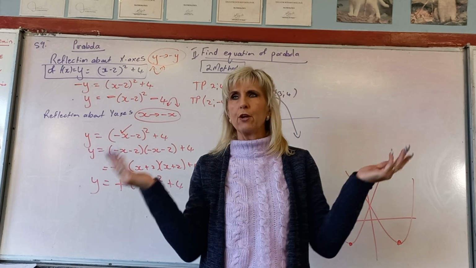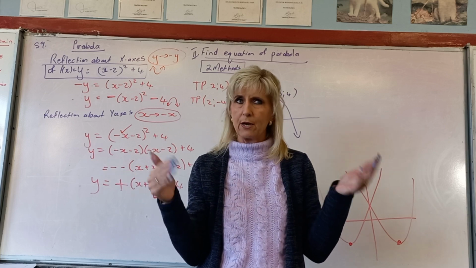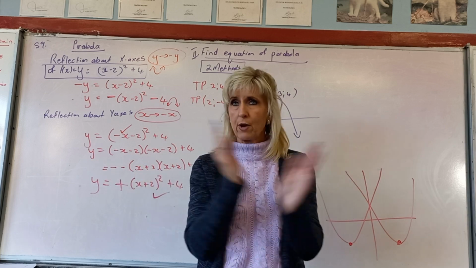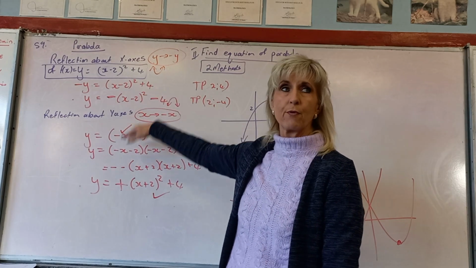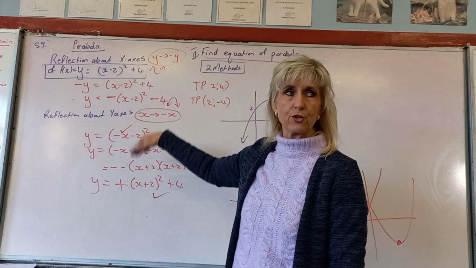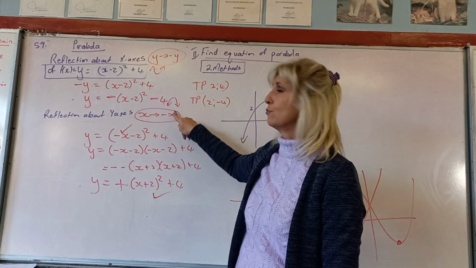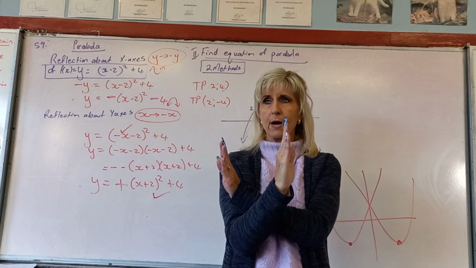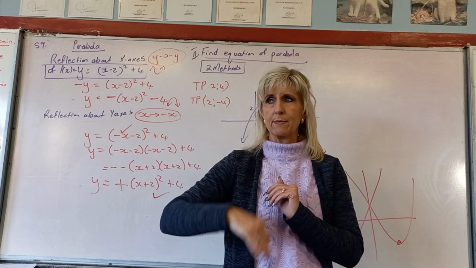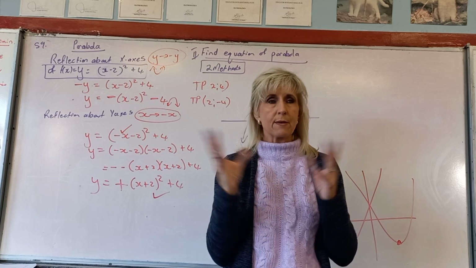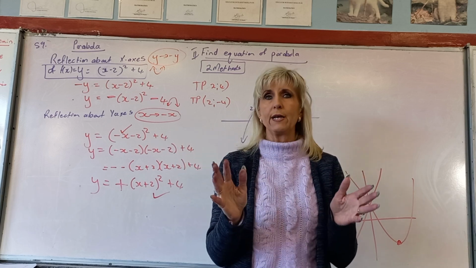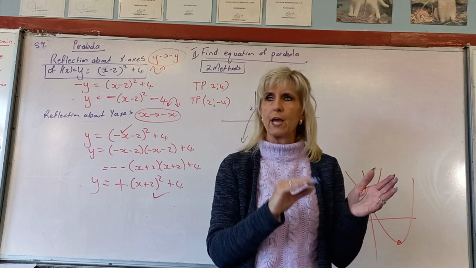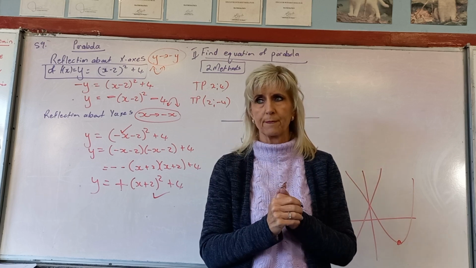Will that happen in any graph? Yep, up, down, left and right. Reflect around the x and y axis. Whether it's a parabola or whether it's an exponential graph, you're still going to have these same 2 rules. Whenever I say about the y-axis, x becomes a minus x. About the x-axis, y becomes a minus y. It's something that appears always, but you don't know at which graph, and always for about 2 or 3 marks.